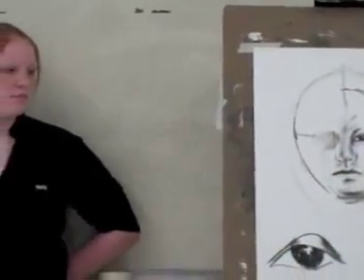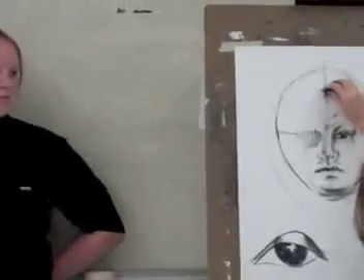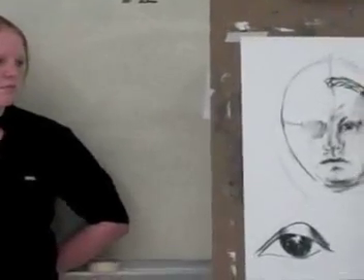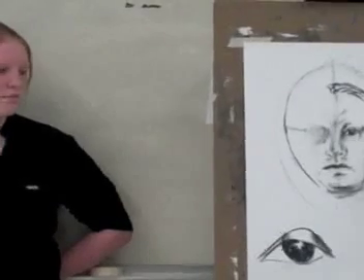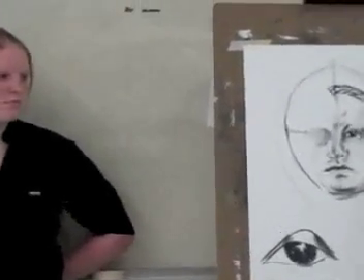All right, so we've got the top of her head, and now using that, I can gauge and make a guess as to where her hairline's going to be. And she's got this wispy piece that comes down on that side, and the rest of her hair is pulled back.